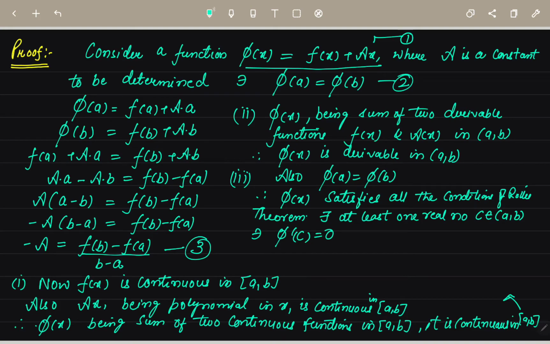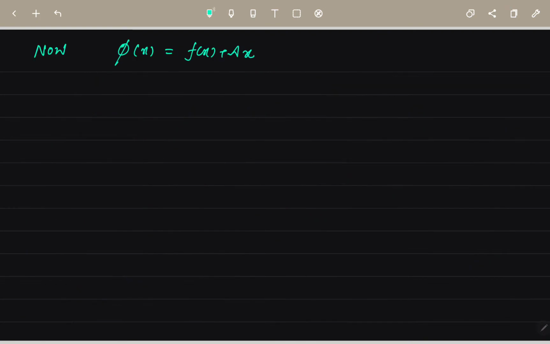So now I will write on the next page, continued. Now we know that phi of x is equal to f of x plus ax. Now I am going to take the derivative of this function to find whether it is derivable or not.